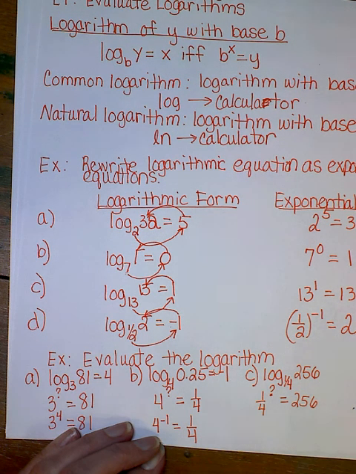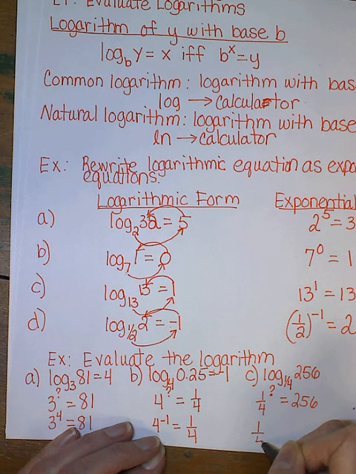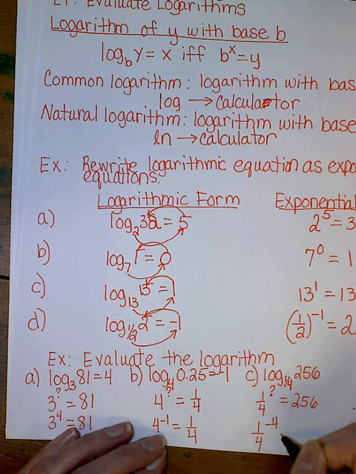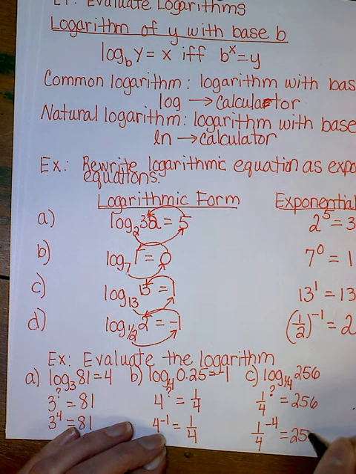So again, I know it's going to be negative because it's going to make it do the reciprocal. And if I do 4 to the 4th power, it's 256. So I know this is going to be to the -4 to make it flip and do the reciprocal. Okay, so this would be -4.